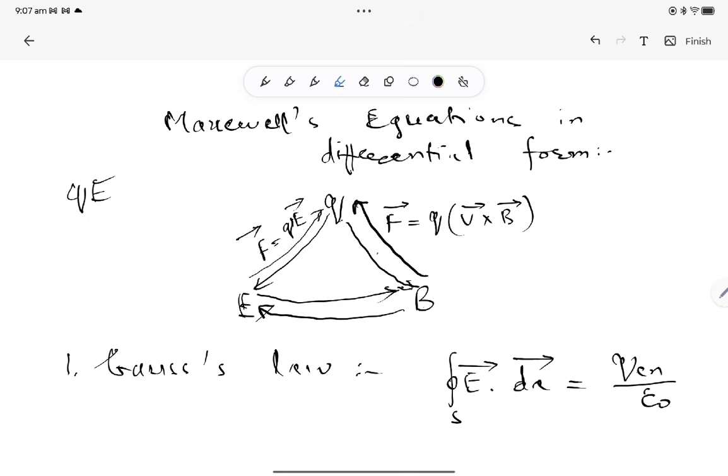Looking at this equation, you have to do one thing. You have to forget about this and see what is left. You are left with E. And then this equation tells us that E, electric field, is due to this charge.